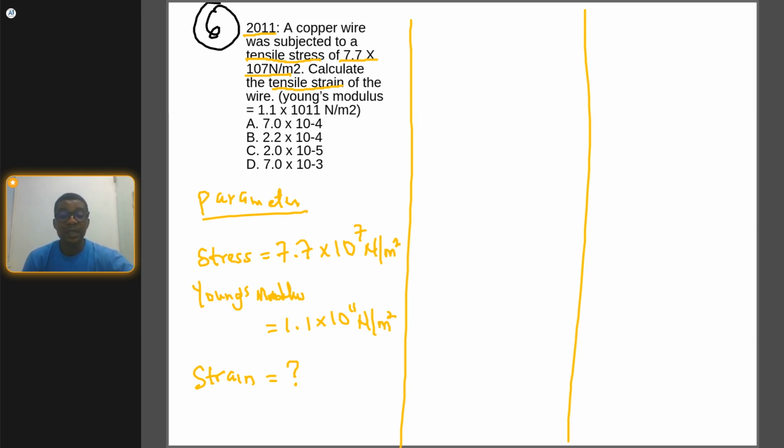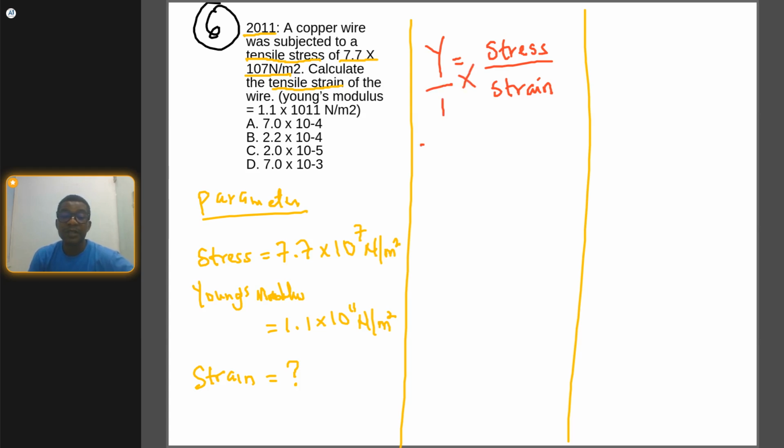Now, how do we get the tensile strain? Just make use of the formula of Young modulus. Young modulus, represented by letter Y, is equal to tensile stress over tensile strain. Now, if your Young modulus has a denominator of 1, I'll cross multiply.